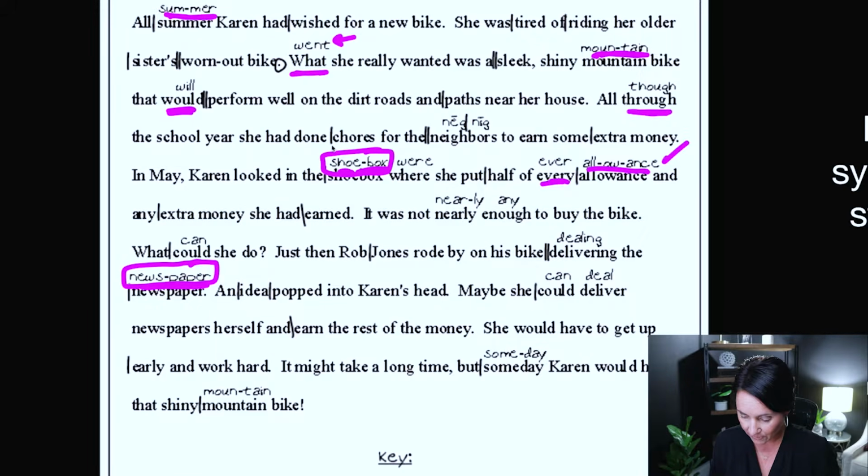Ever for every, any for enough, dealing for delivering, can for good. He's kind of messing up his easier words, his sight words, those high frequency words. So that's where I would go with this. Okay. So he's doing good on the big words, but he's not doing so great on the high frequency sight words that he needs in order to achieve that automaticity.